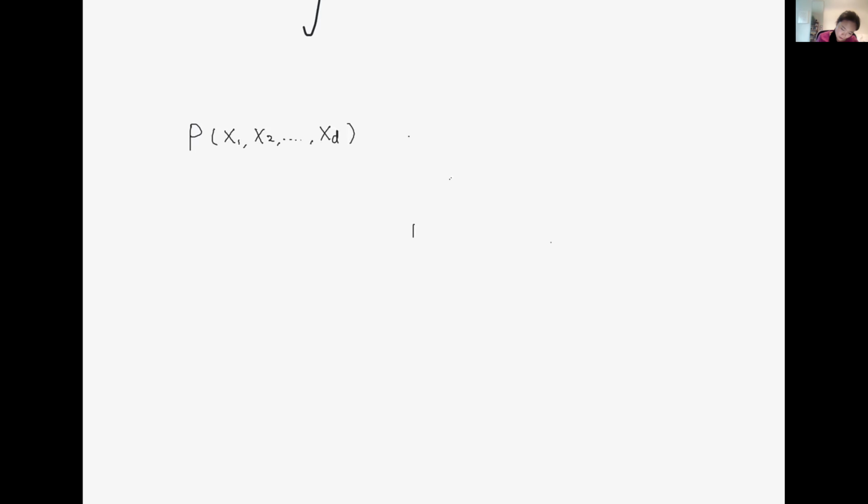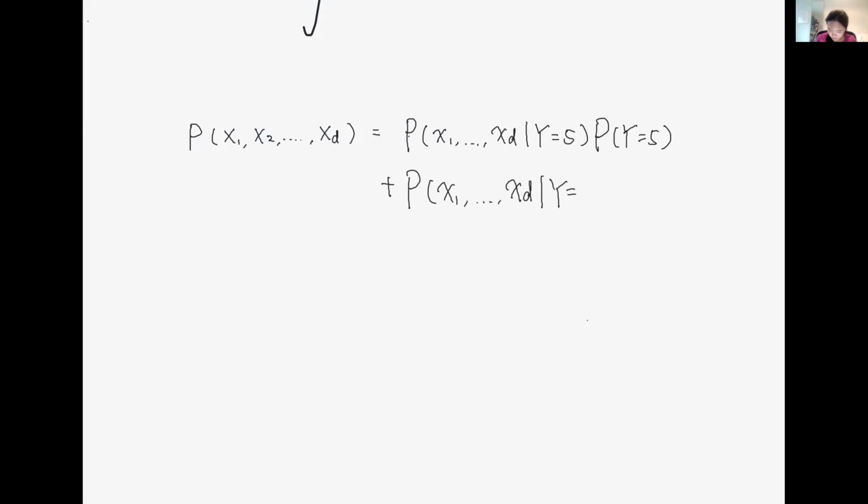What it does is that the possibility of these pixels showing up, regardless of it being distinguished as 5 or 6, is the probability of x1 to xd on the condition of y equals to 5, multiplied by the possibility of y equals to 5, plus the probability of x1 to xd on the condition that y equals to 6 times the possibility of y equals to 6.